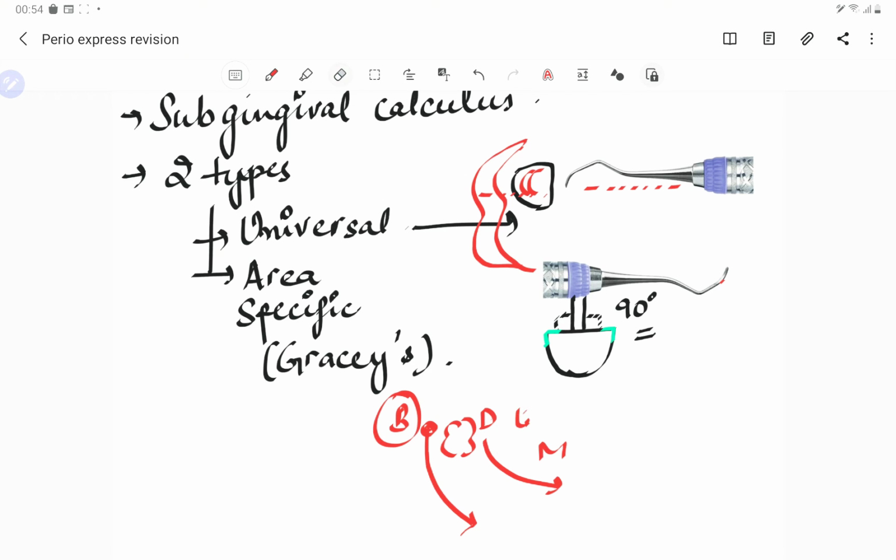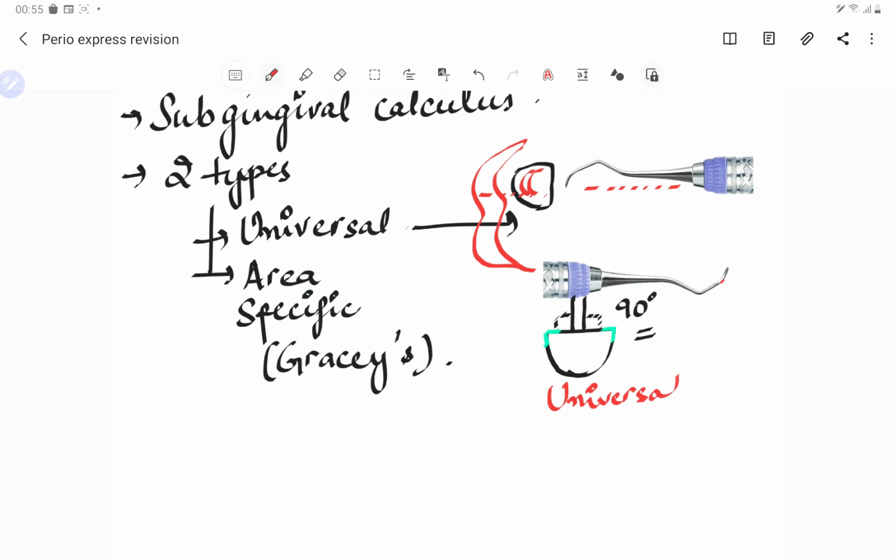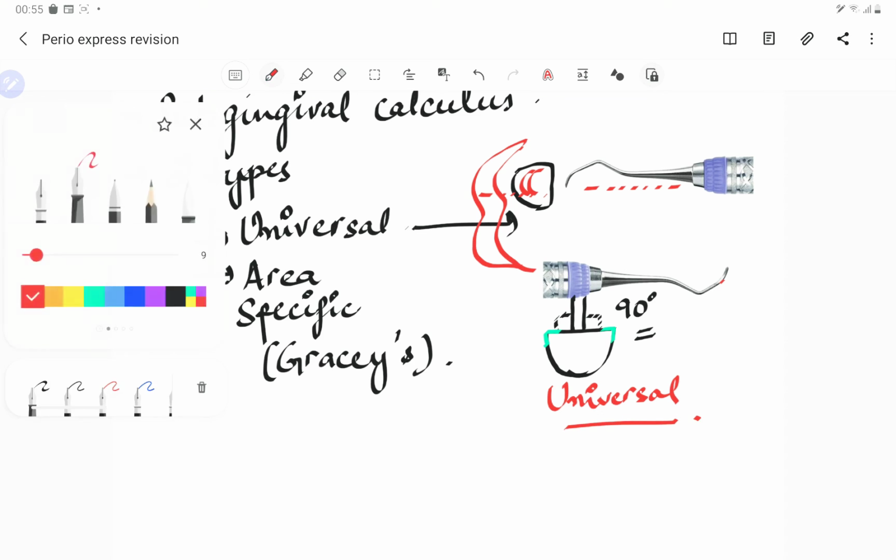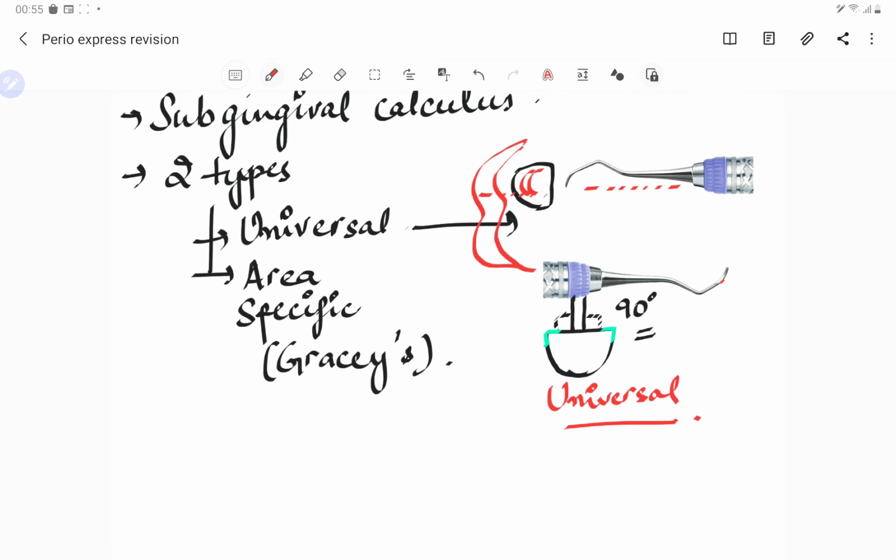So this is how we use these curettes. Now this was about the universal curette, right? So this is the universal curette. Then we have the Gracey curette. In the early 1940s there was a Dr. Gracey, and he designed curettes for every specific tooth surface.